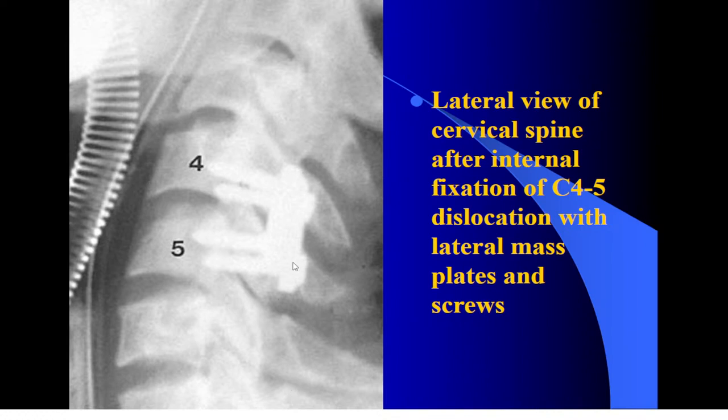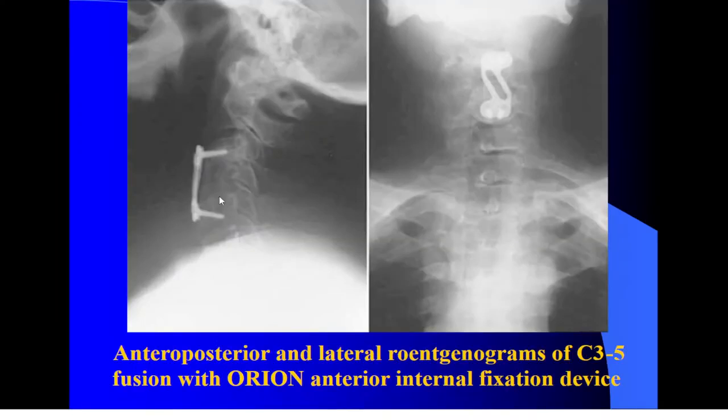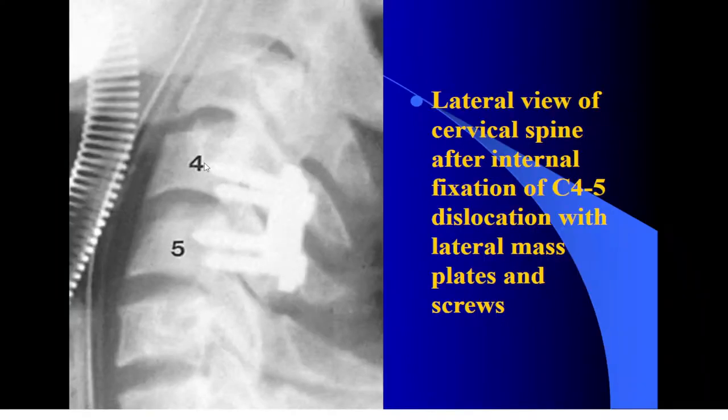Same principle as with the plate, we can put screws into the vertebra above the damaged one, and we can put the screws in the vertebra below the damaged one. So the forces will be transmitted along the implant and avoid the damaged vertebra.